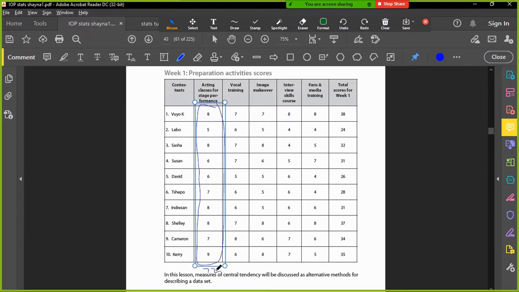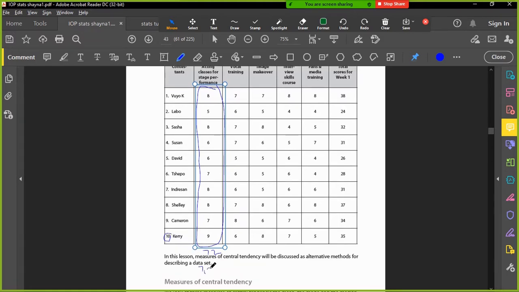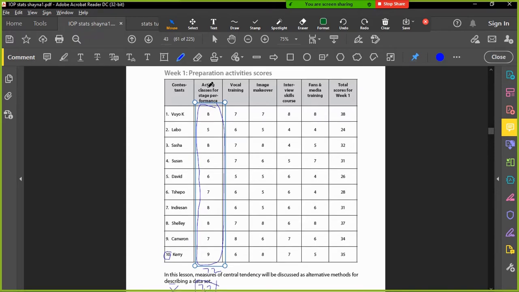Yes, I get 72 as well. Divide that by how many contestants? 10. So divide by 10 gives you 7.2. Do you agree? Yes. So 7.2 would be the average in terms of the acting classes for stage performances. Does that make sense? Yes.